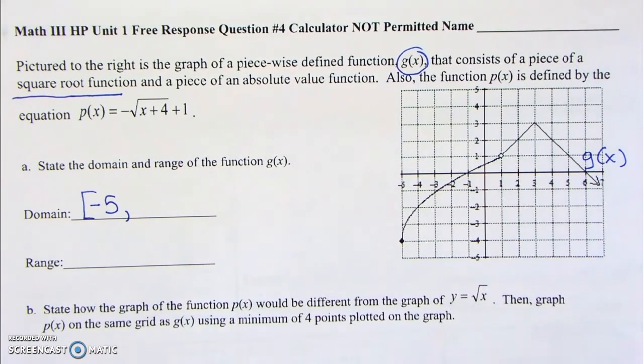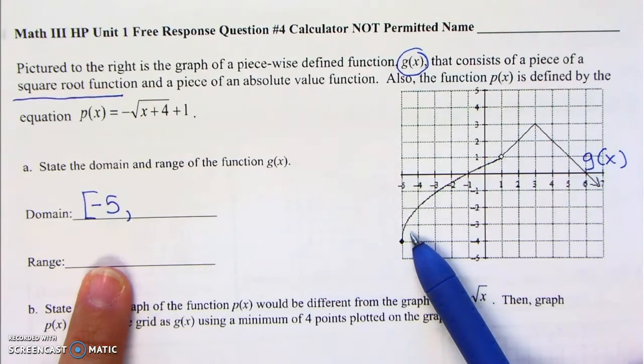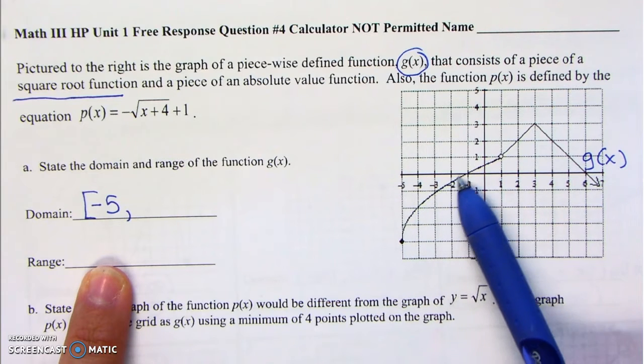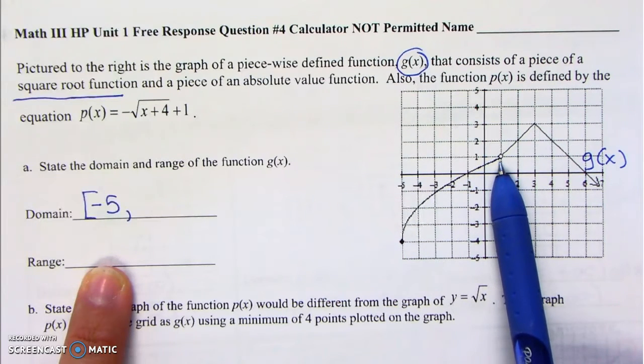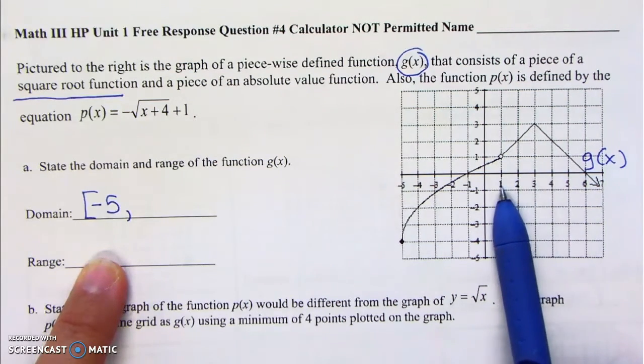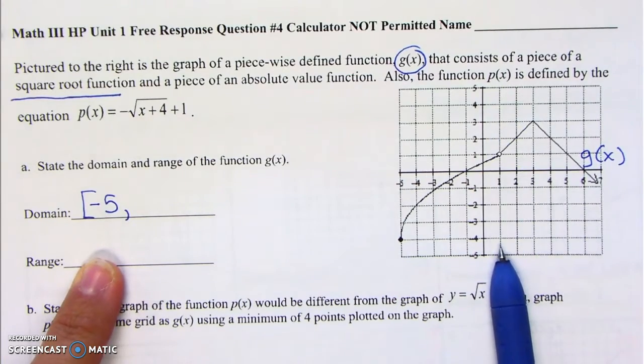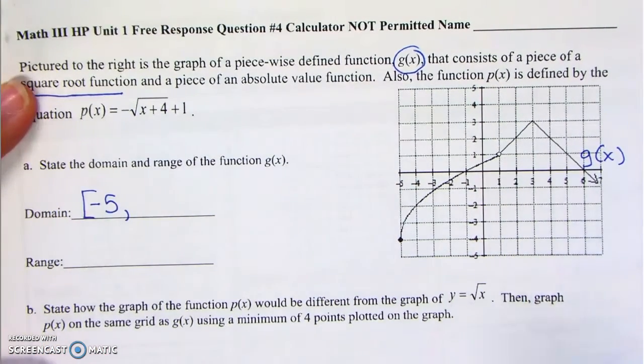Okay. Now, follow the graph. The domain is every x value that has a y value. So, point. There's a hole. Okay. Does the number 1 have a y value? No. So is 1 in the domain? No. So here's what we're going to do.